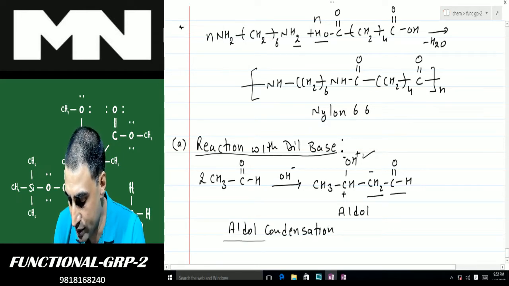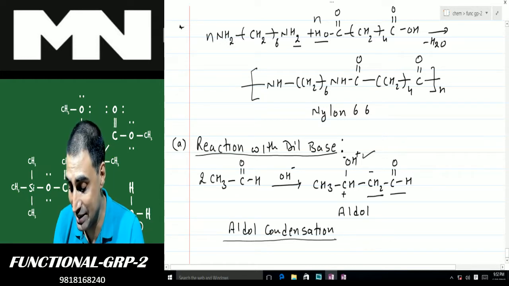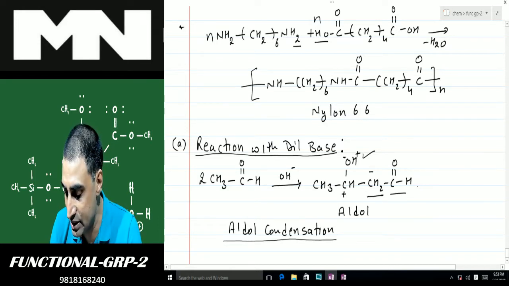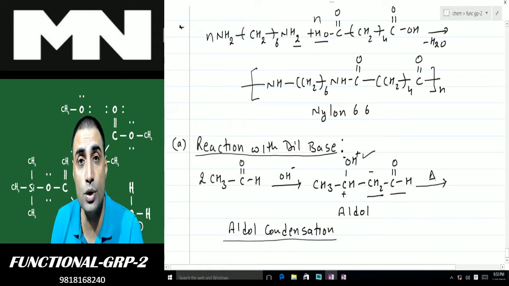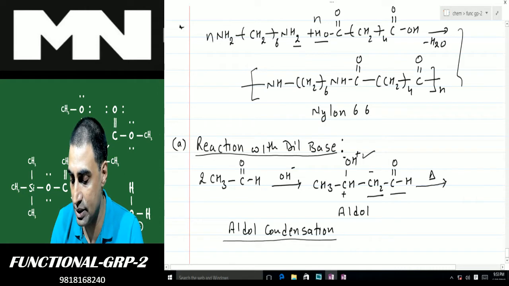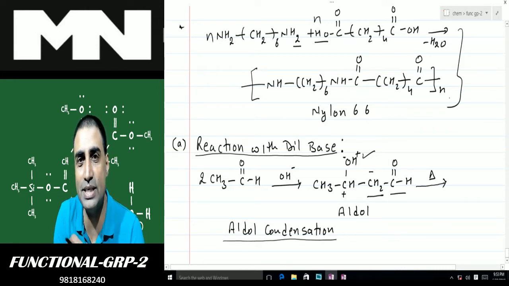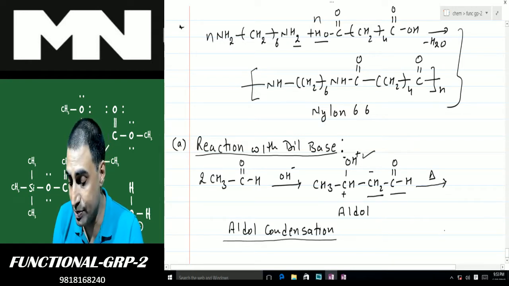Well, here I would like to tell you one more thing, that condensation has not yet occurred. Till this step, the aldol has formed. Now if I want to have a condensation product, I have to heat this compound. As we have seen during condensation polymerization, at each and every step a single water molecule was coming out. So this is what is going to happen here also.